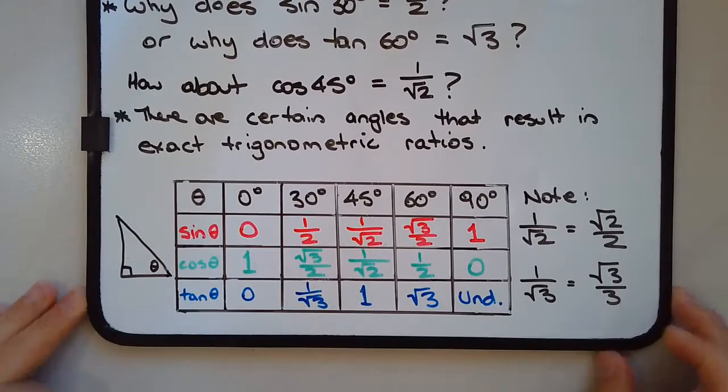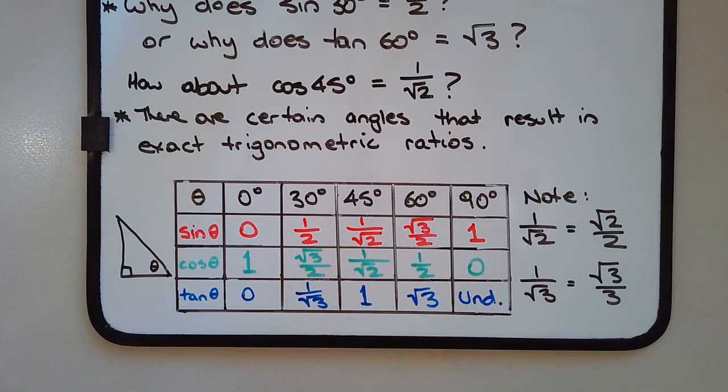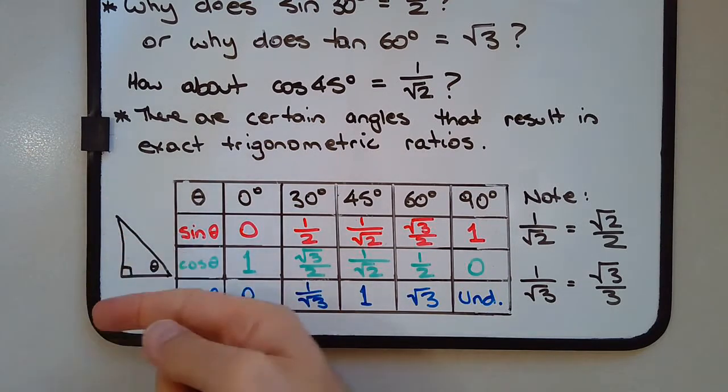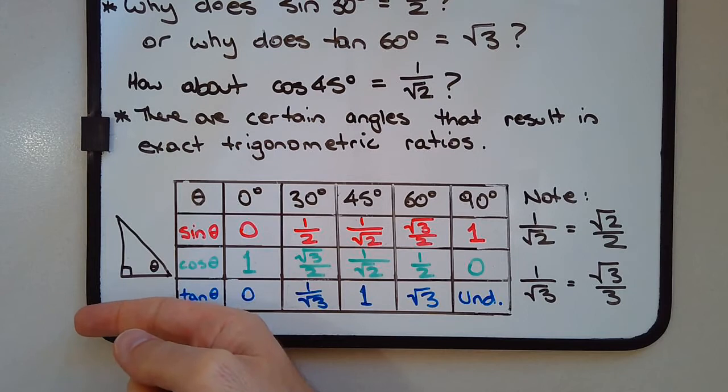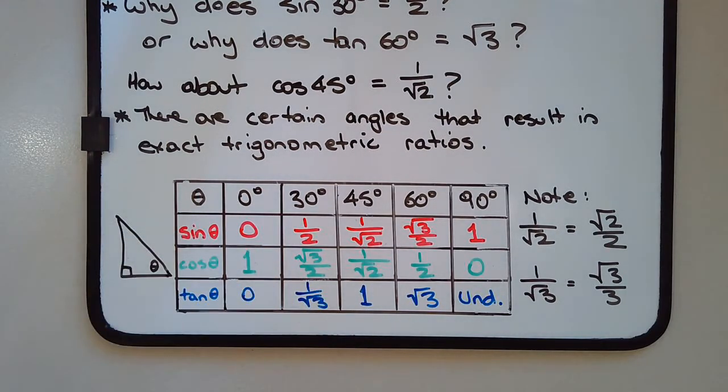And for example, you took the sine of 0 degrees. That's opposite over hypotenuse. You get 0. When theta is 0 degrees, the hypotenuse, in fact, falls on the adjacent side. The opposite side is actually 0 in length. And 0 over the hypotenuse is just 0.